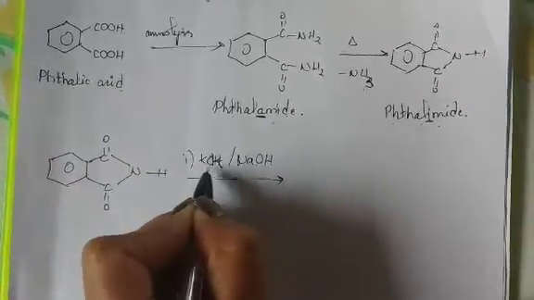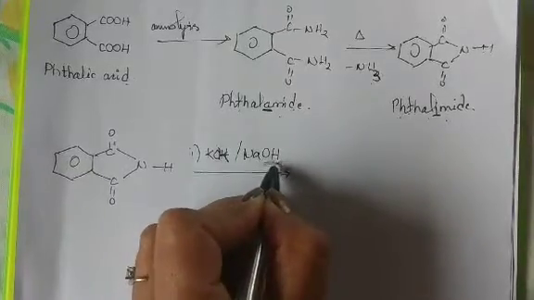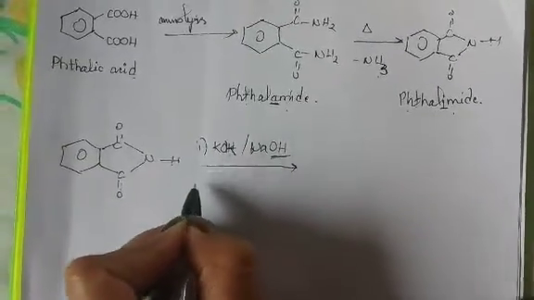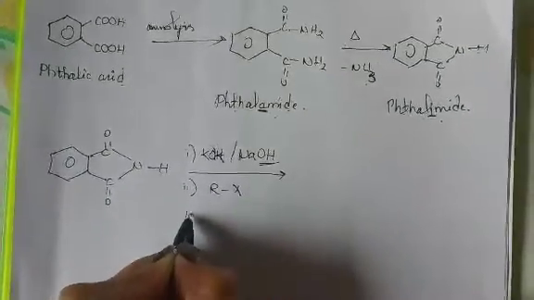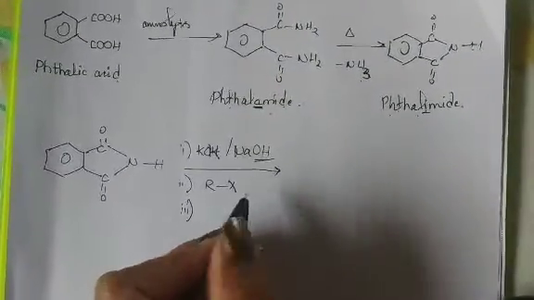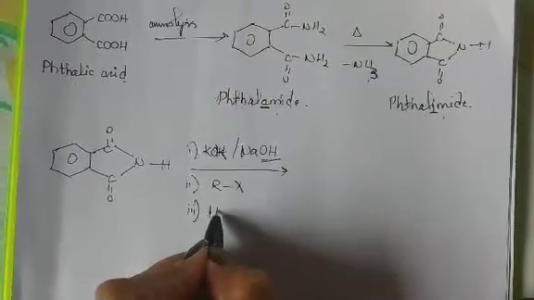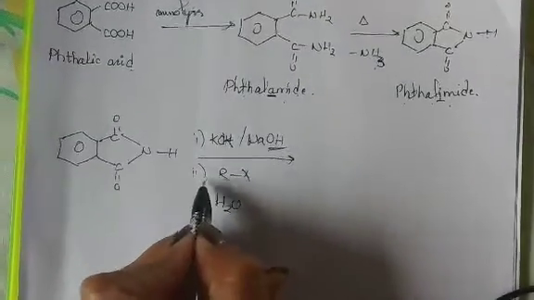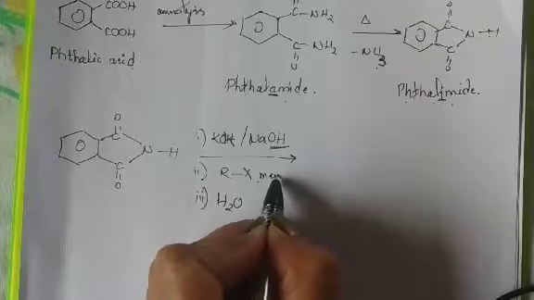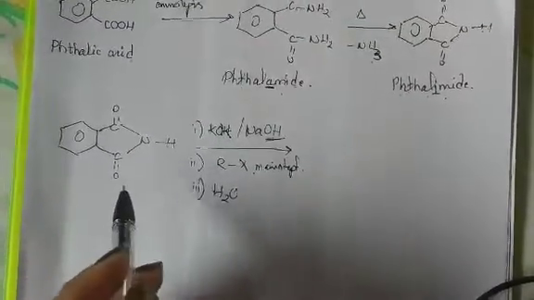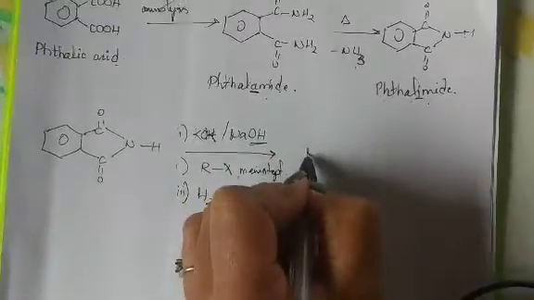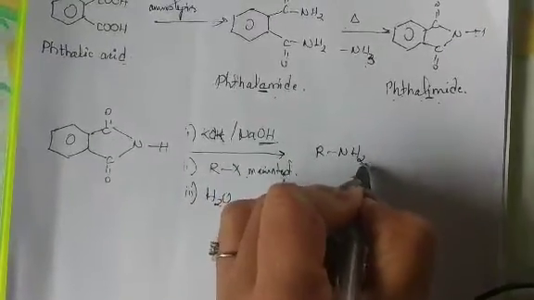It is the same because the main medium here is OH. The second step is RX, the addition of the alkyl halide, and then the third is hydrolysis. Now the second step is the main step in the Gabriel phthalimide synthesis to get our amines.